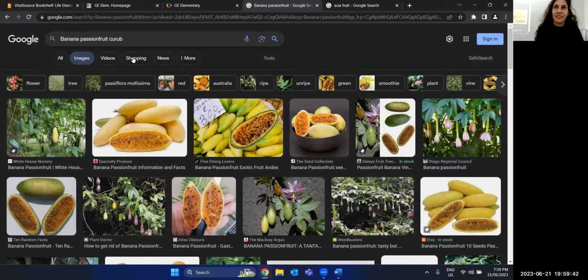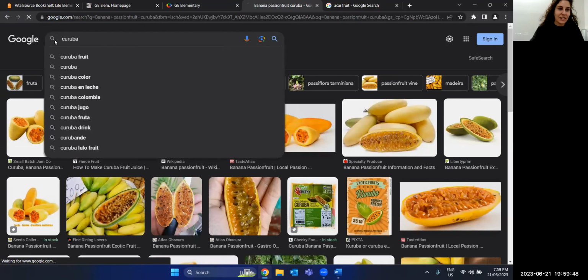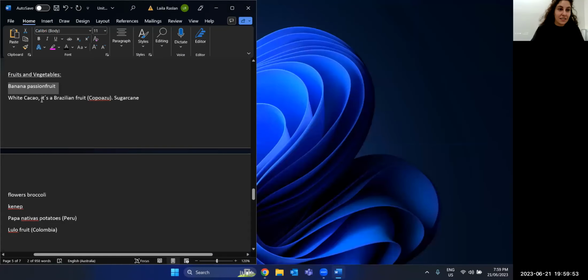B-A. Coruba. Yes, Coruba. Okay, so this is from Colombia. Banana passion fruit, Coruba, and this is Colombia.